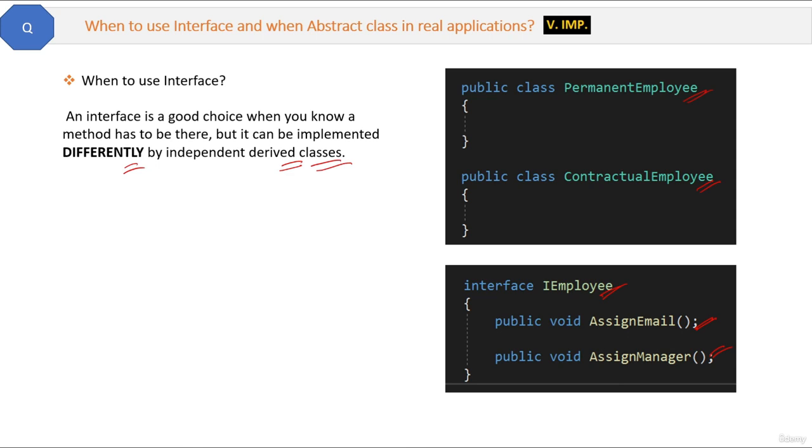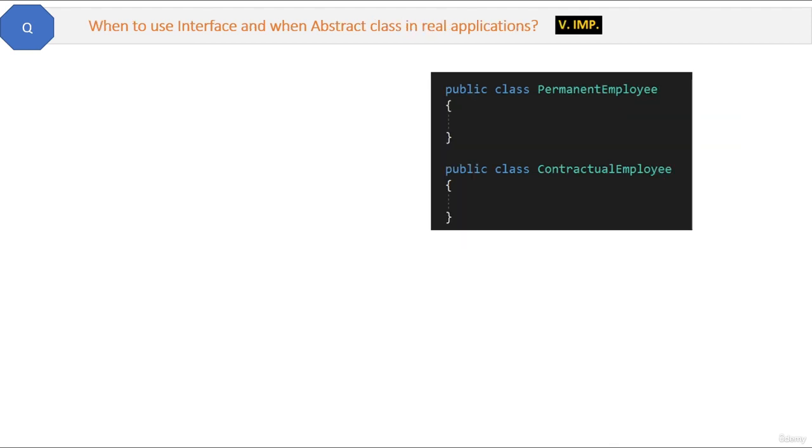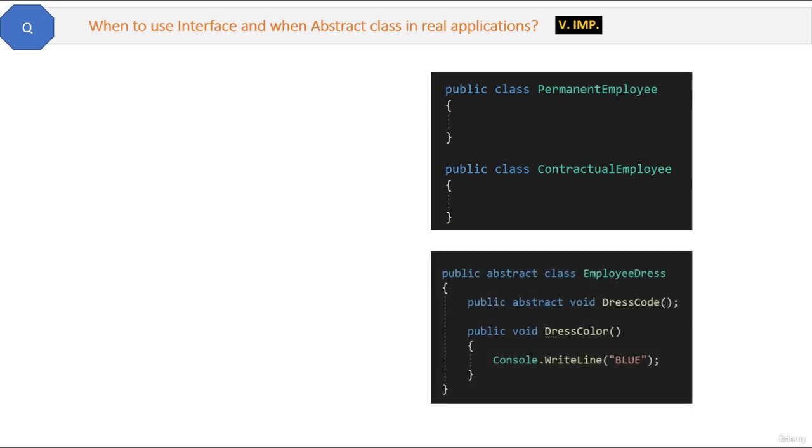Next, we will see when to use abstract classes, and not interfaces. For example, with classes permanent employee and contractual employee, here we have an abstract base class employee, where dress code is an abstract method because that implementation we don't know right now.